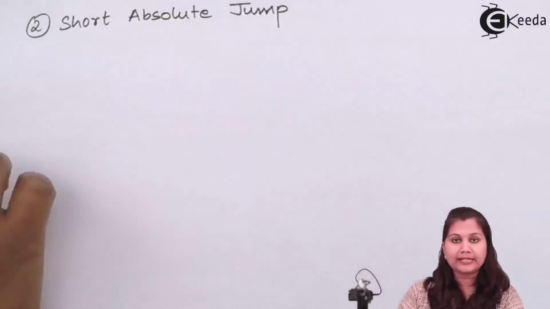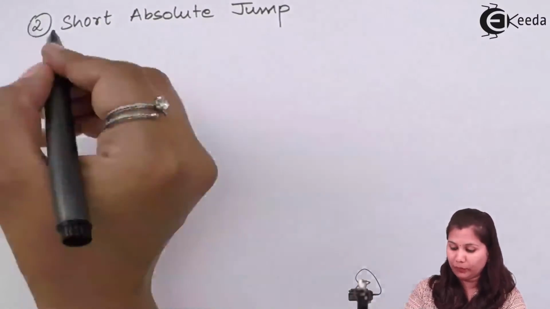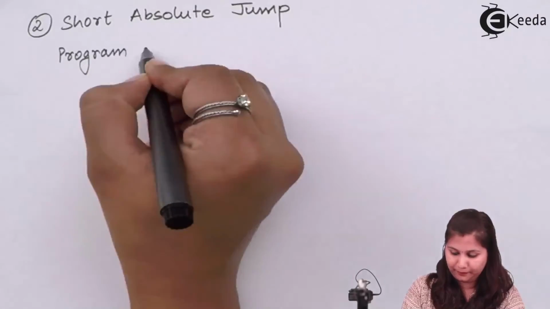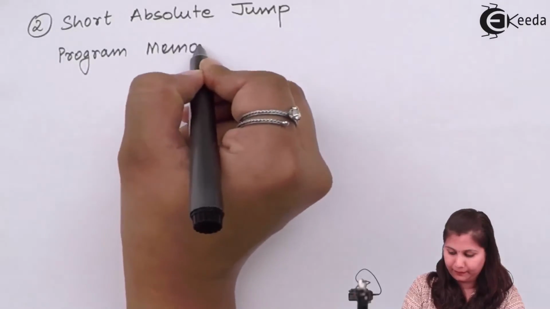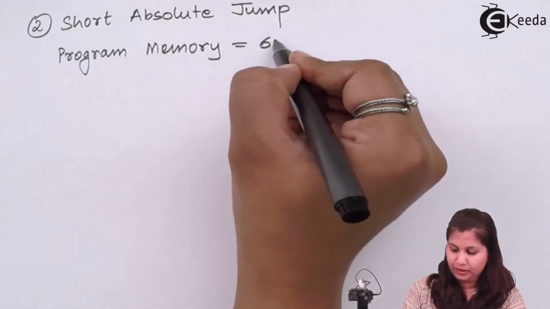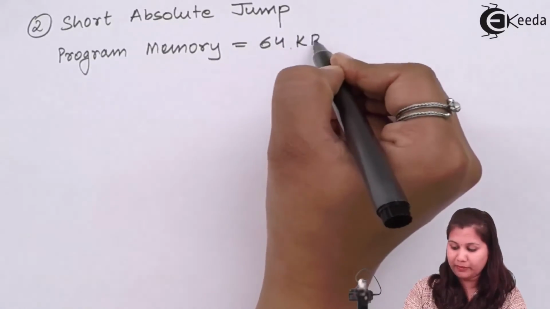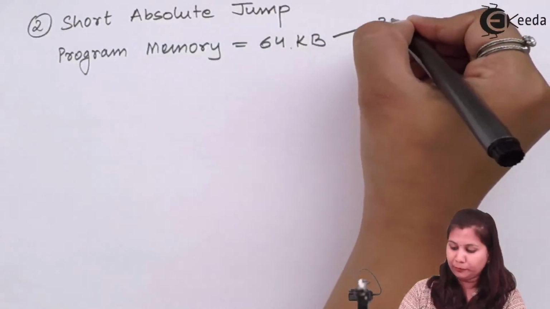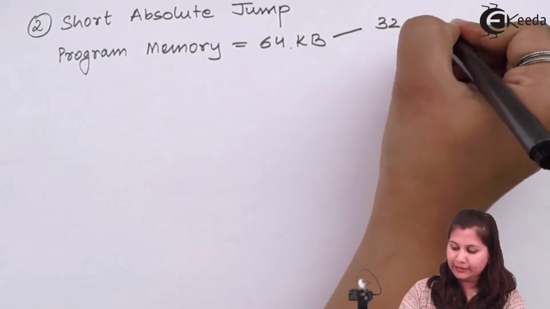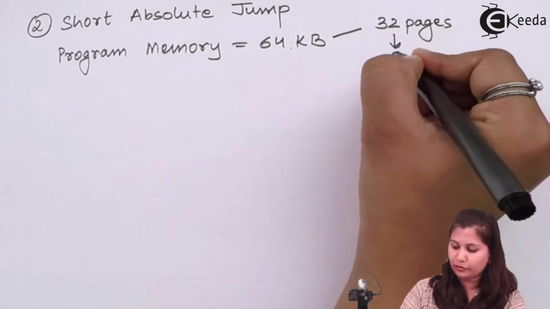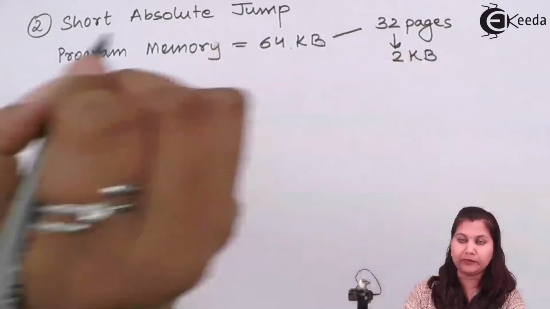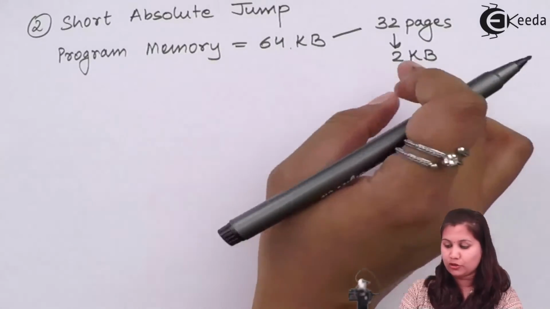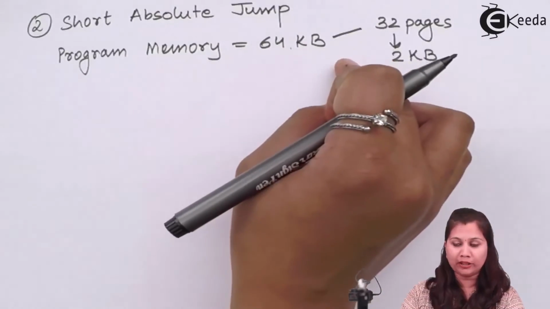Like in 8051, we have the total program memory as 64 kilobytes. This 64 kilobytes of memory is arranged in the form of 32 pages, and each page has 2 kilobytes of memory. So in total we get 64 kilobytes.